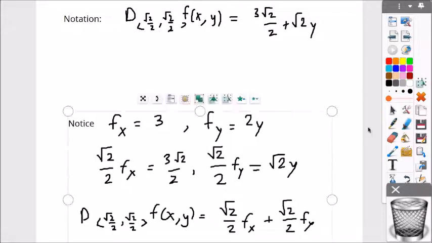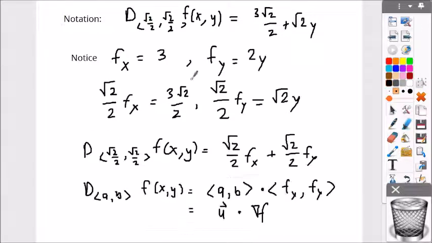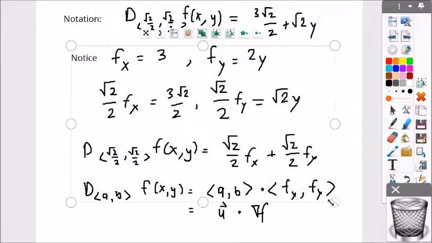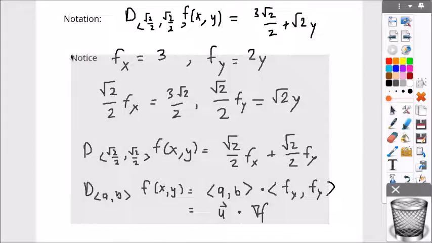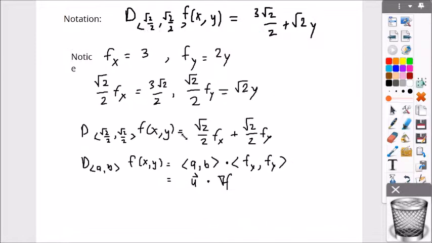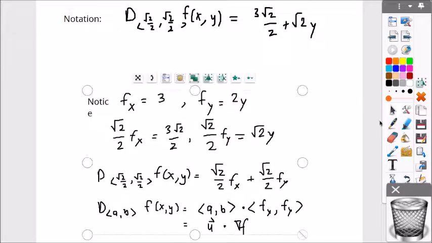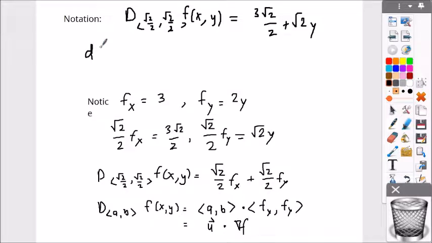If we bring back our f sub x dx, I'm just gonna make this a little smaller. If we bring back our function, df is equal to f sub x dx, this is a differential, right? You could see that our change in x is root 2 over 2.